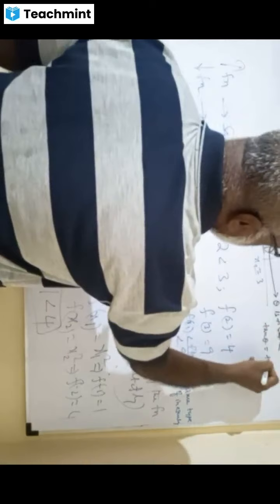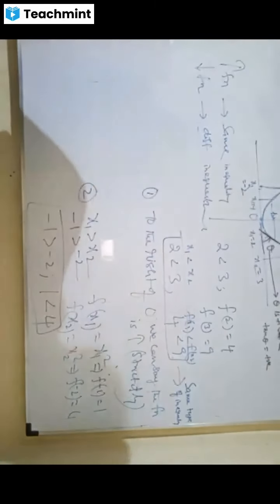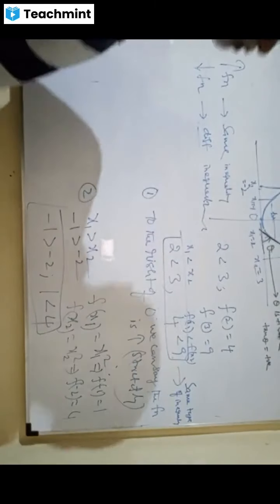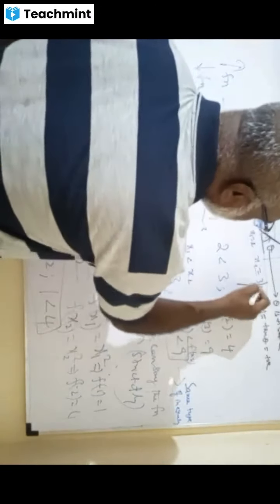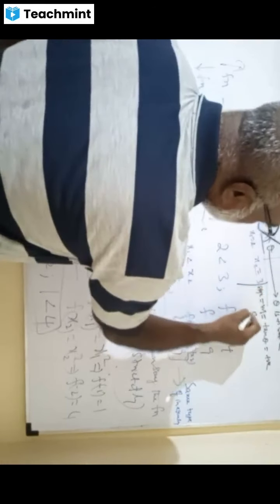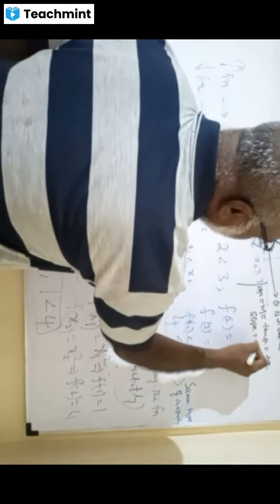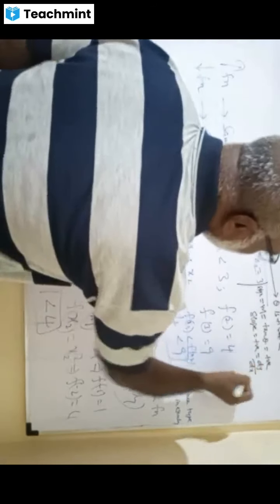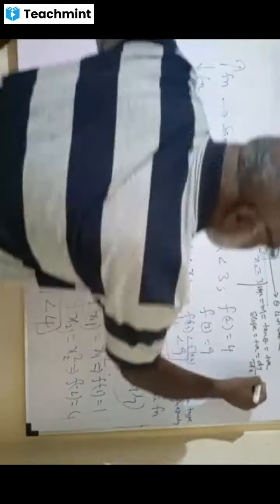Positive or negative? Positive. That means the slope m is tan theta, so the slope is positive. We already said dy by dx is the slope, which is f dash x. If f dash x is positive, it is an increasing function, with this logic.